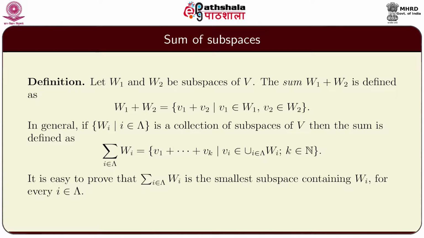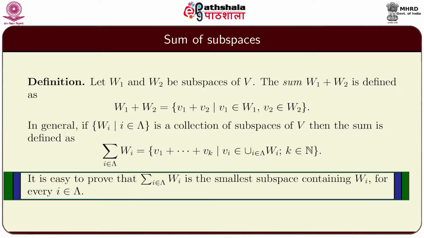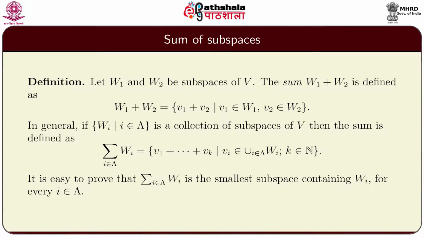Now, again it is an easy verification that the summation of Wi, i belonging to lambda, is a subspace and it is the smallest subspace containing all the subspaces Wi.